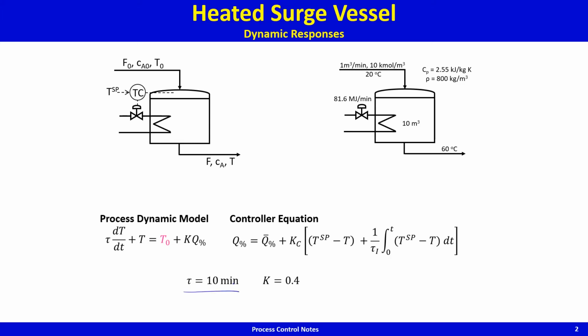The residence time at the base case conditions is 10 minutes, and the temperature to Q heating duty gain is 0.4, where Q is taken as a percentage of the base case value.